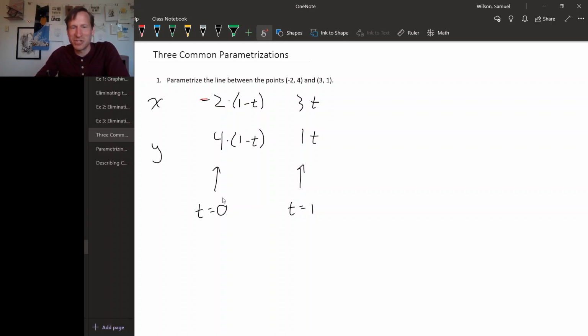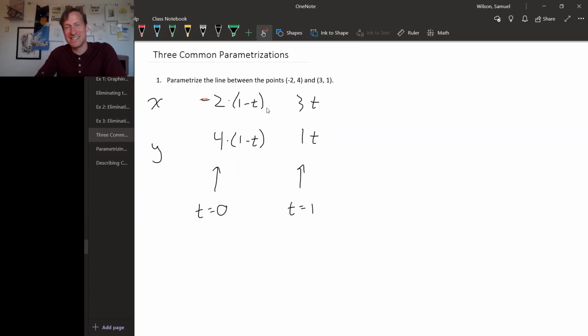So just a quick mental check. When t is 0, we're going to get -2 times 1 and 4 times 1. When t is 1, both of these chunks in parentheses are just 0, and you get -2 times 0 and 4 times 0. So this does turn this first pair of coordinates on at first and then off when t gets to 1. Okay, so we've turned all of these on and off at the correct times.